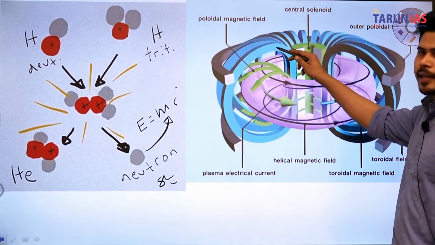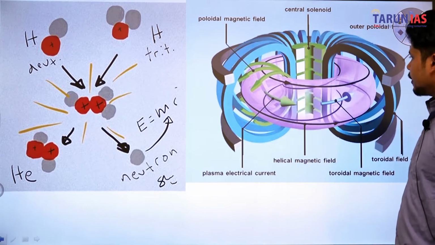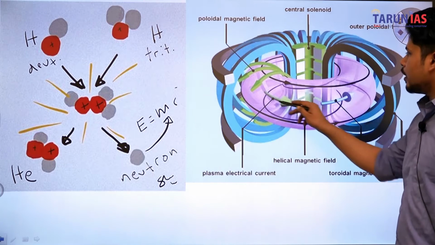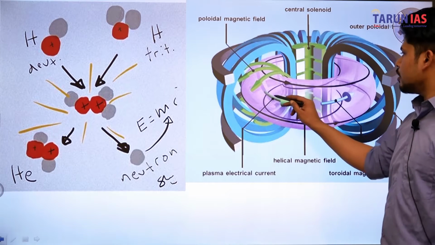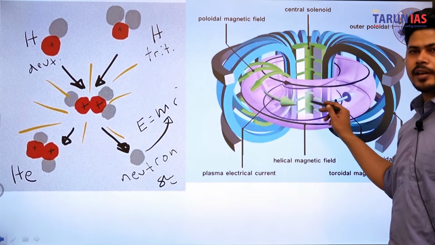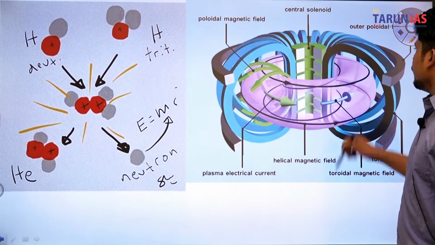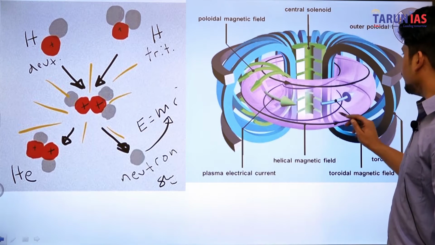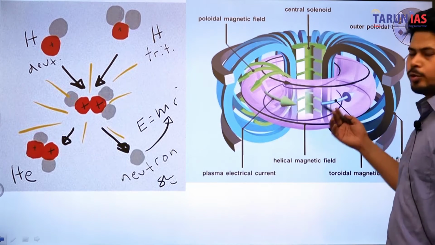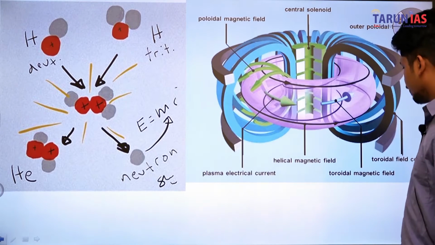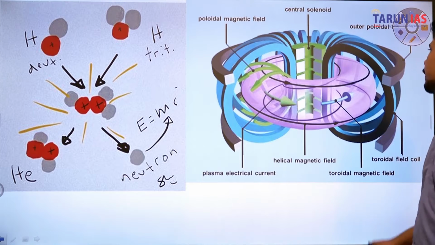These blue coils represent strong magnetic fields that keep this ionized plasma. This is plasma. Plasma in the sense that these are ions. Okay? Deuterium and tritium ions. This high magnetic field keeps it floating inside. Okay? And when they react, they produce a high amount of energy. This is the basic concept of tokamak reactors.